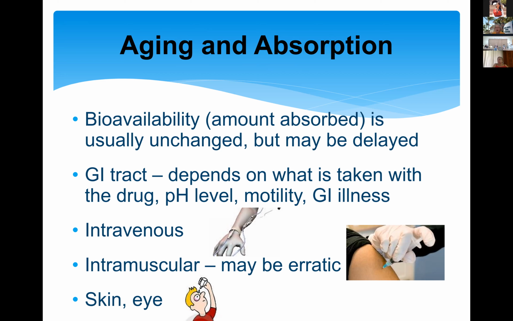For example, the COVID shot. That's the only alternative, right, for that vaccination. And most vaccinations are like that. Your flu shot, you should be taking it through your muscle. But certain medications, sometimes we try and avoid giving them intramuscular in older people because this absorption is erratic.